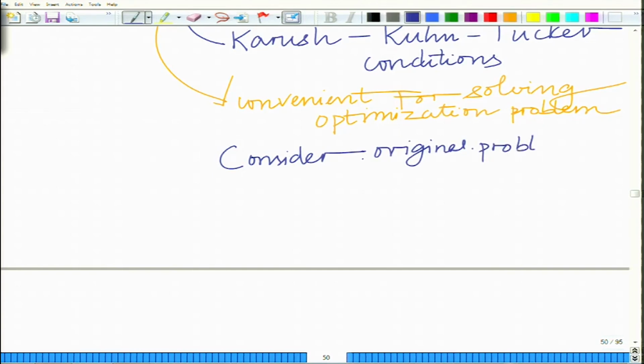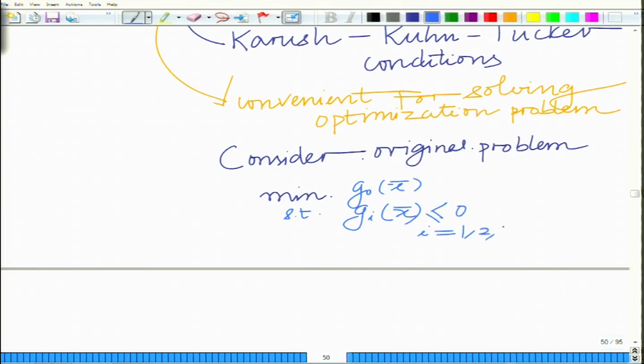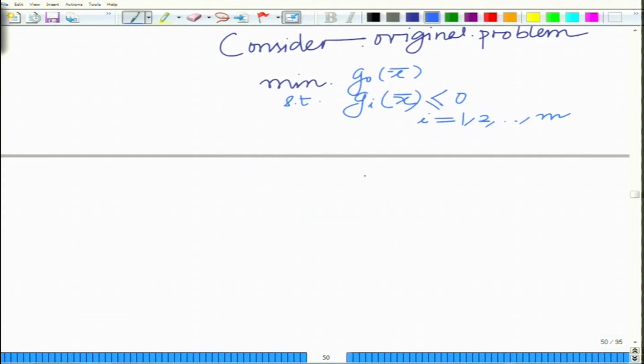Remember, we have: minimize G naught of x bar subject to G i of x bar less than or equal to 0, i equals 1 up to L, and G j tilde of x bar equal to 0, j equals 1 up to m.